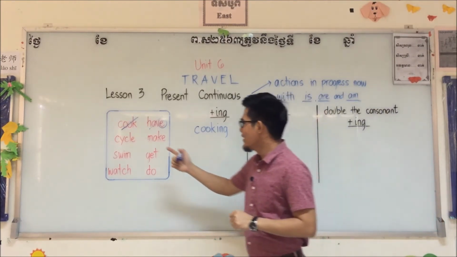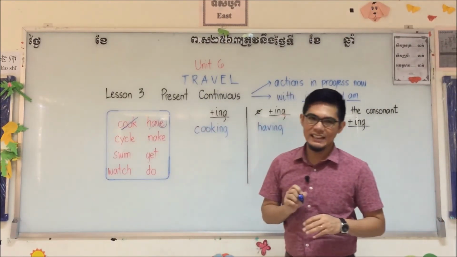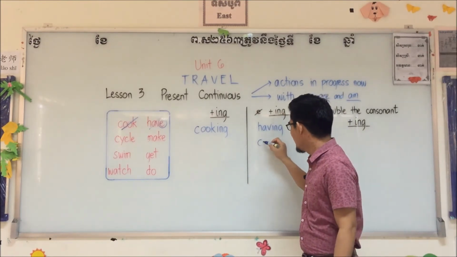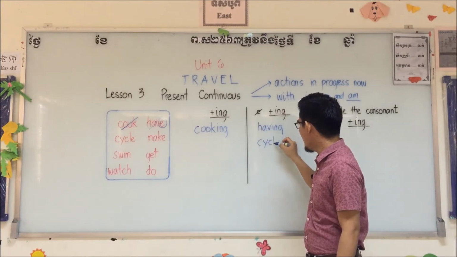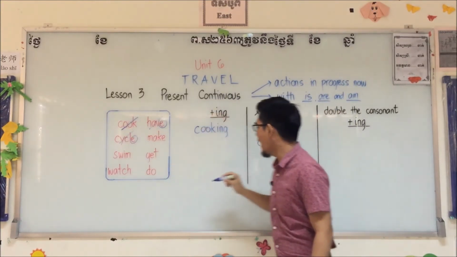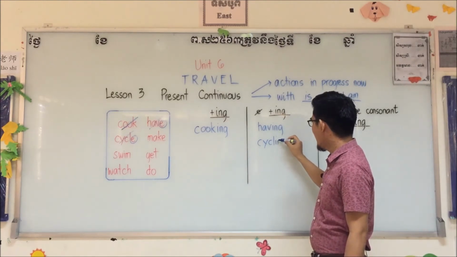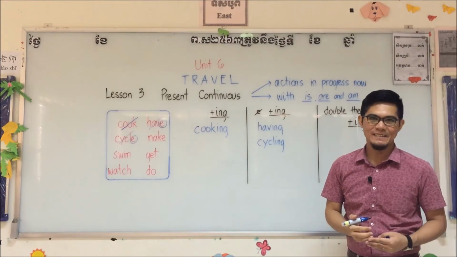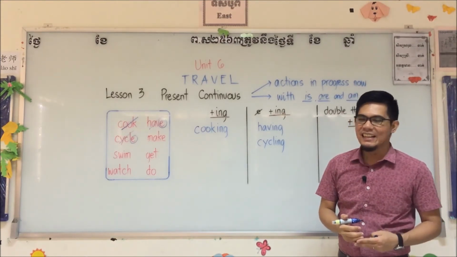Moving on. Cycle. It ends with letter E, right? So just copy C, Y, C, L, remove the E, and add ing. We've got the word cycling.